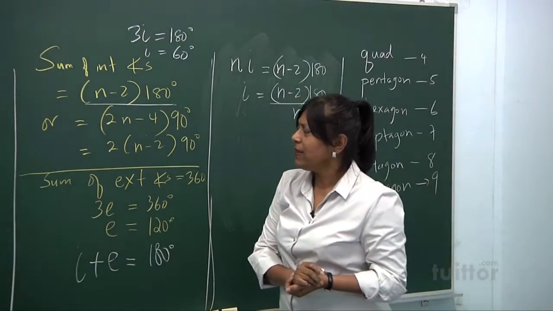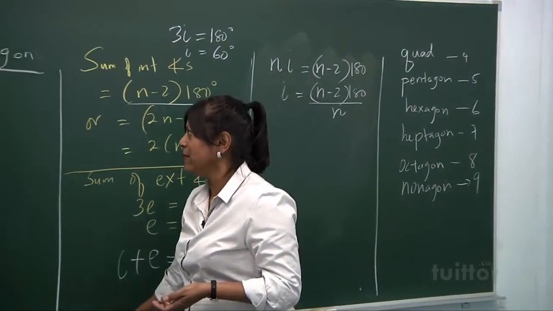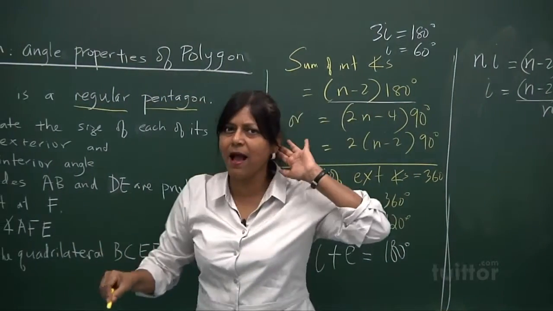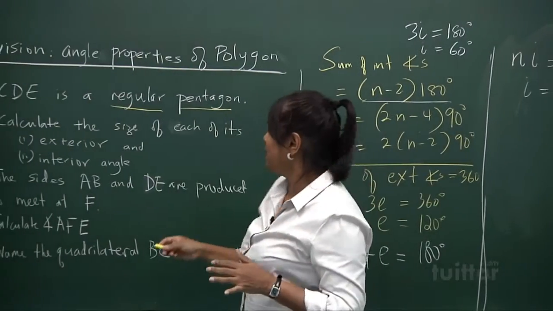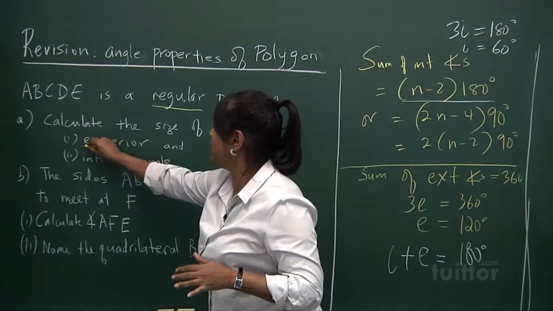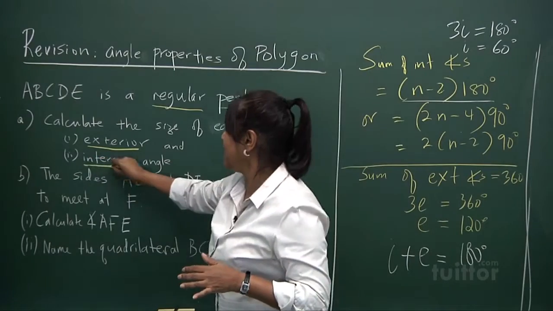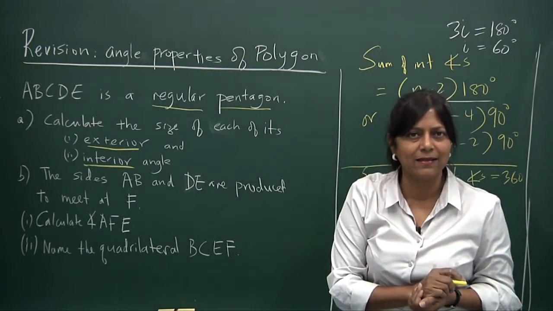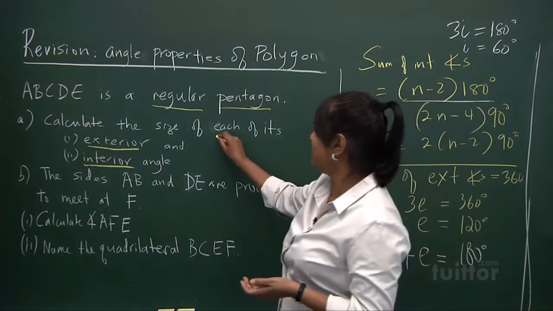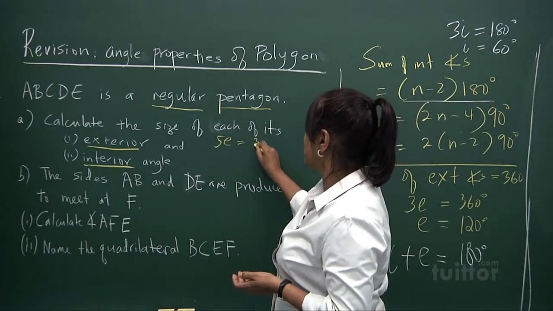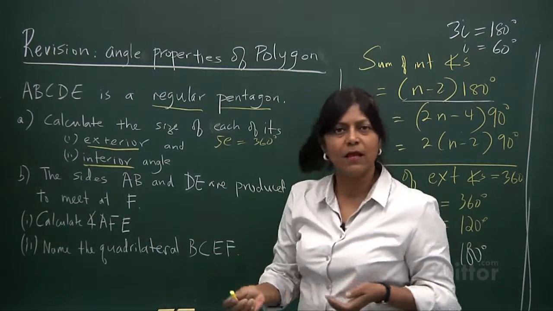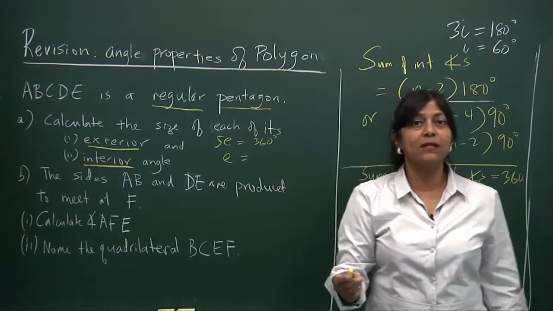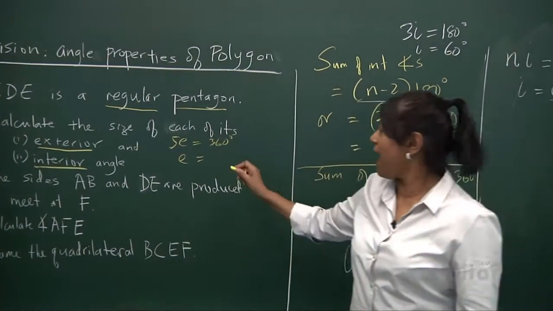Now here, they have a regular pentagon. And all they ask of you, they said, hey, a pentagon has how many sides? 5 sides. And they want to find each of its exterior angle and the interior angle. Now, there are 5 exterior angles that will be equal to 360 degrees. So what is each exterior angle going to be? 360 divided by 5.